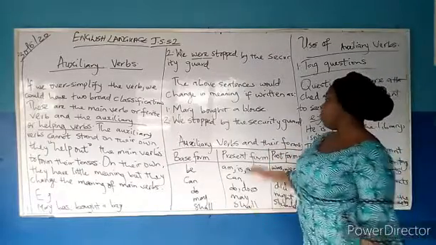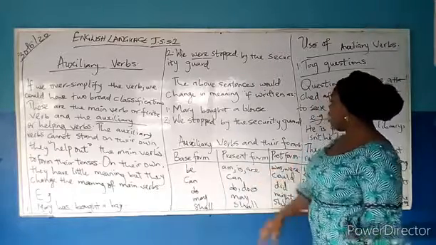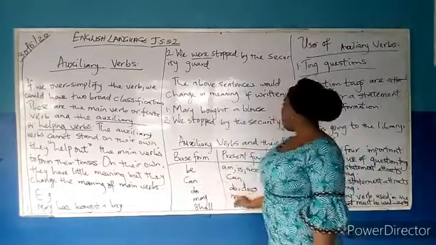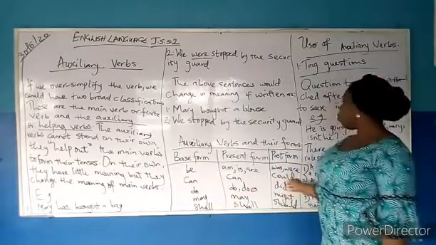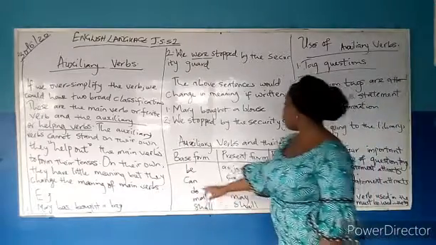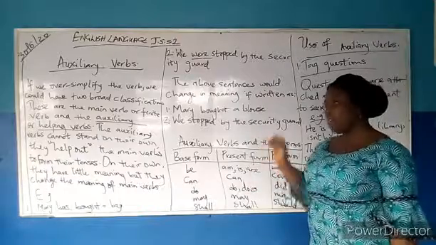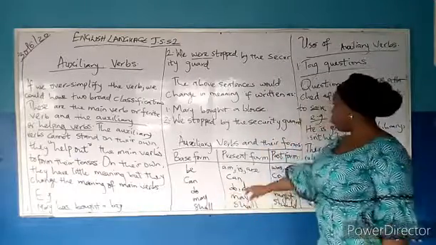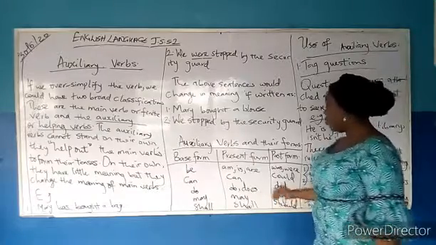That will determine what type of auxiliary you will use. Now can in the base form remains can in the present tense form and could in the past tense form. You have do as the main auxiliary verb from which we get do and does, and did for the past form.